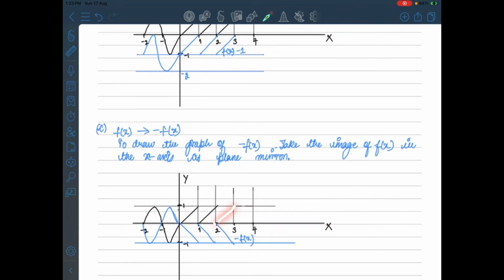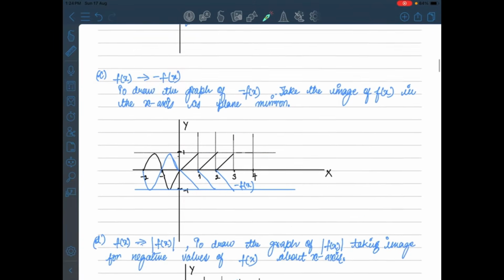The black one is your old one, and this one's image will be this. Whatever is down will be reflected up, and whatever is up will be reflected down. So this blue graph is your transformed graph of minus f of x.